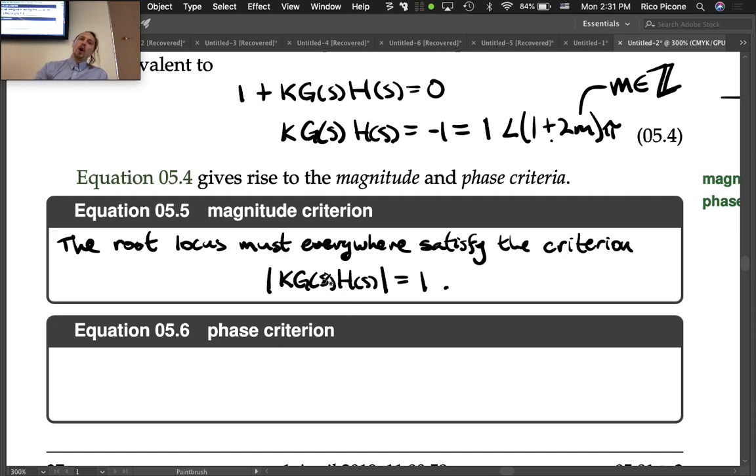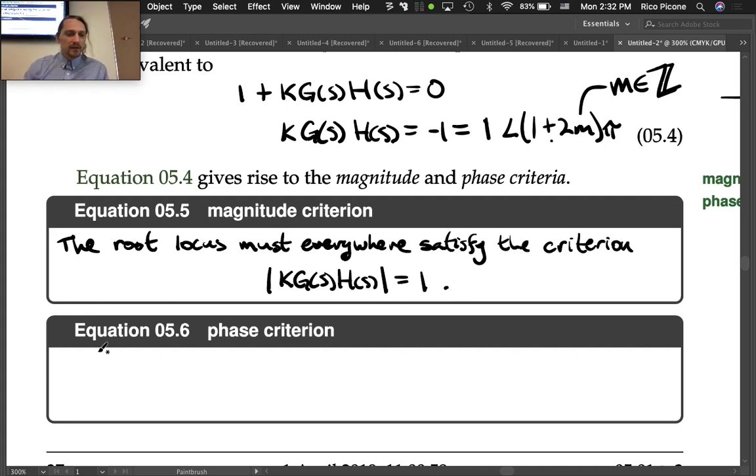This is the open loop transfer function, KGH. So the magnitude of the open loop transfer function, including the gain, must equal 1. We're going to use that quite a bit.